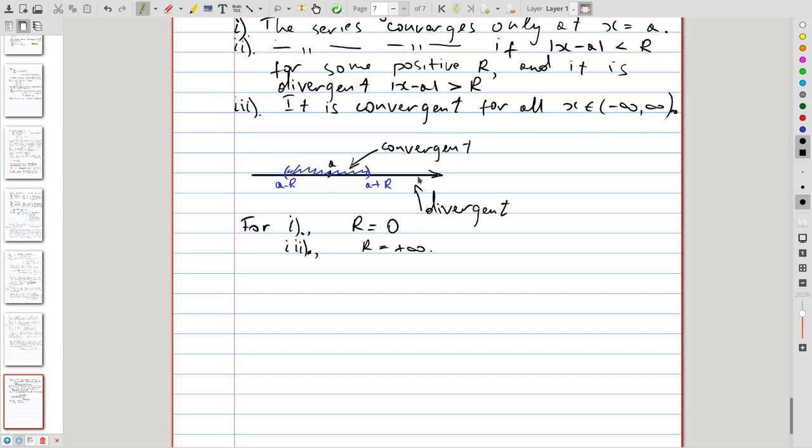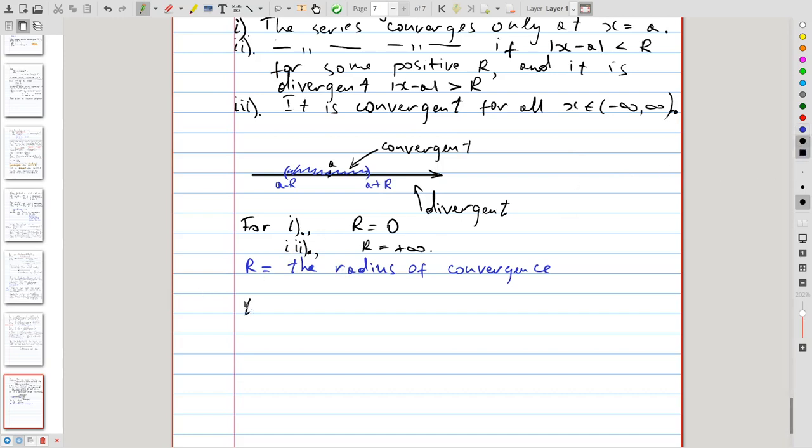And so let us introduce some language for r. So r will be called the radius of convergence. And we will have another, related term.